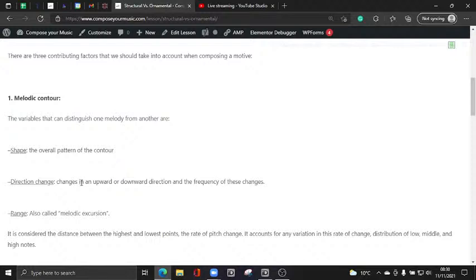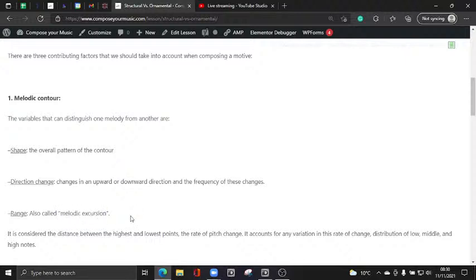How many times in a melody, in a motif, do you have a direction change with a true leap? And the range, also called melodic excursion.